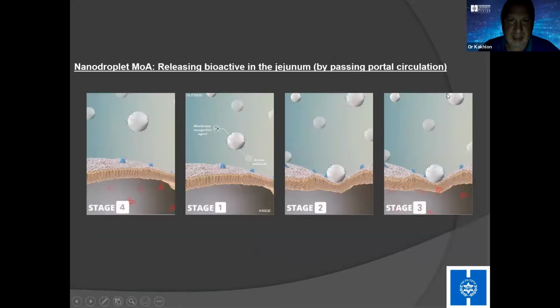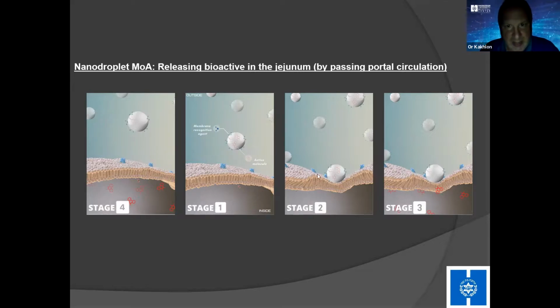Therefore, first of all, you don't have to inject the DMSO, which can be toxic, and it is not allowed to inject any DMSO solution to humans. The advantage is that the nanoformulated bioactive is released from the jejunum.